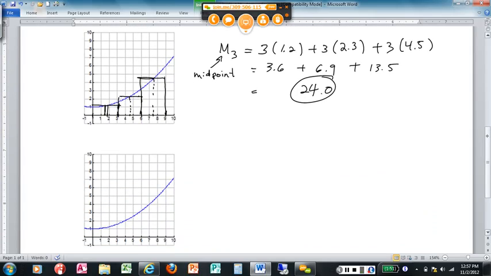Let's change it up. Let's estimate the area under the curve on this fourth one from x equals 1 to x equals 8, using R5.